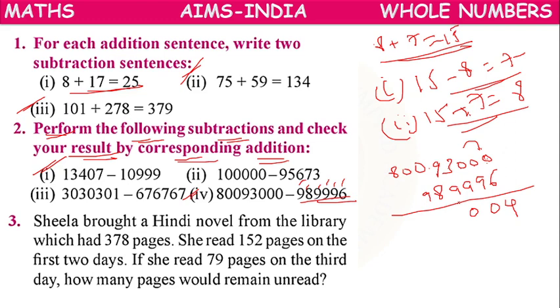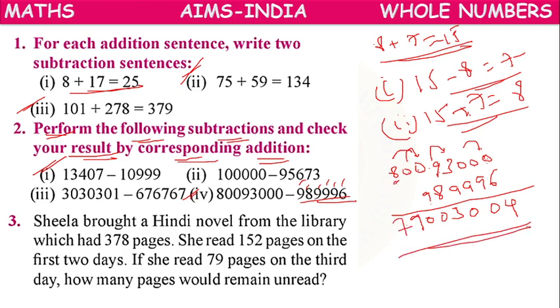We cannot subtract 9 from 2, so we take 1 borrow. From 12, 9 goes, means 3 will come. Here 8 will be there. 8 minus 8 is 0. Here 0. From 0 we cannot remove 9, so we will take 1 borrow. Here 9 will be there. 9 minus 9 is 0. So in the place of 0 also 9 will be there. We have taken the borrow from 8, not from 0. So here 7 will be there.